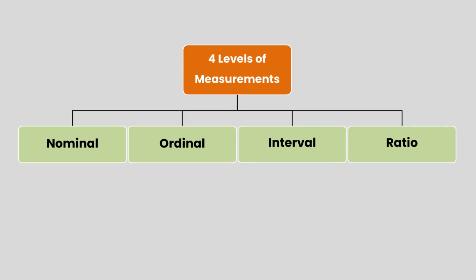The last one is the 4 levels of measurement in statistics. The first one is nominal, the second one is ordinal, the third one is interval, and the last one is ratio. As I mentioned previously, nominal and ordinal are categorical or qualitative data.